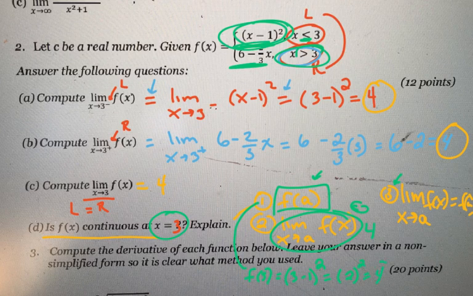So the value at 3 is 4. The limit as x approaches 3 is 4. And so therefore the limit exists. So the way we write it is we say yes, because the limit as x approaches 3 of f of x is equal to the value of the function at 3.